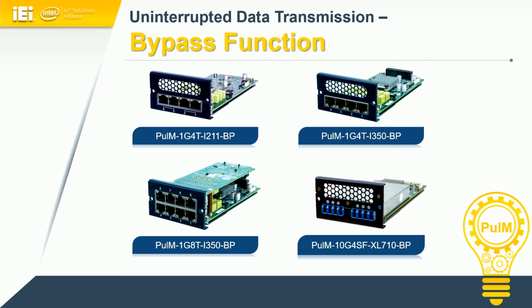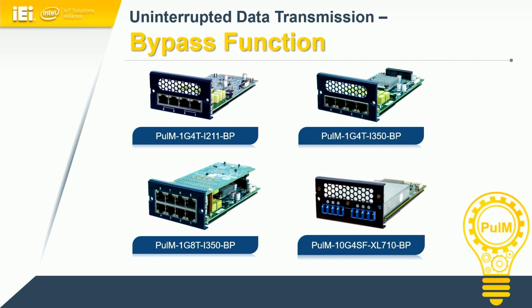Some IEI PulM modules also support the bypass function via Intel i211, i350, and so on. So available options include 1 GB, 10 GB, and optical fiber.